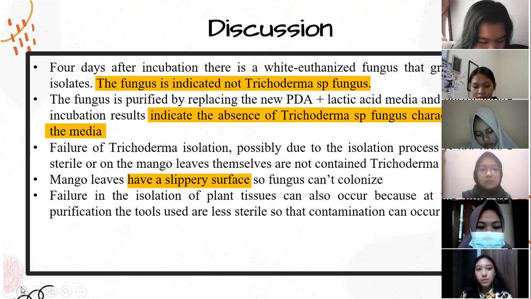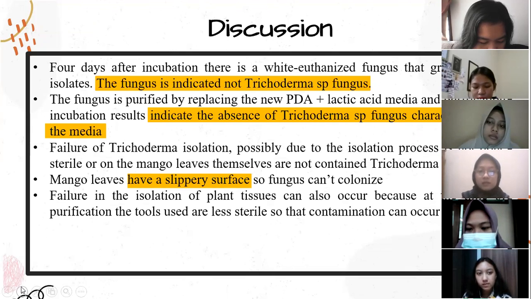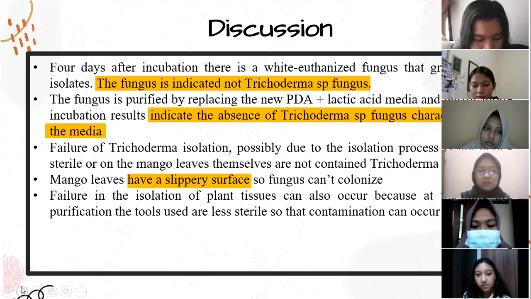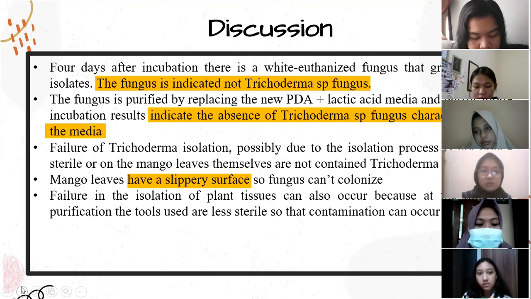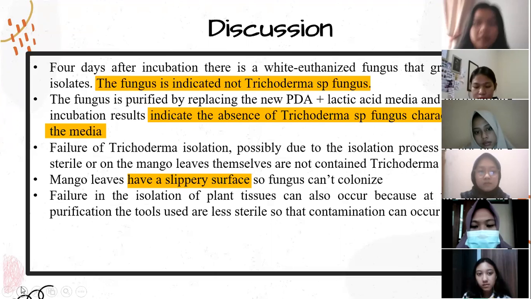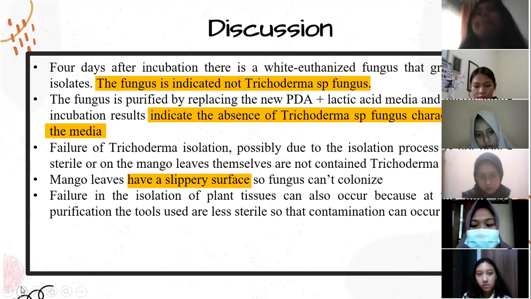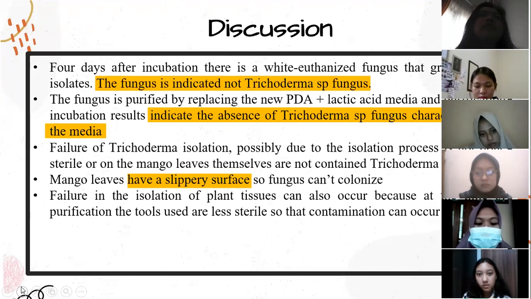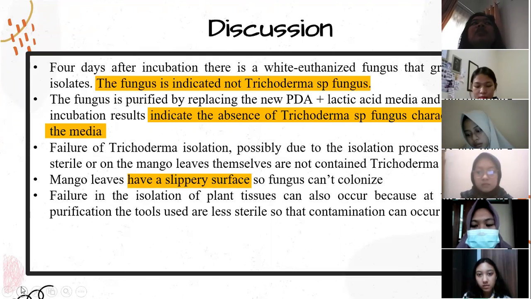The fungus was purified by transferring to new PDA plus lactic acid media, and the purification incubation results indicate the absence of Trichoderma sp characteristics on the media. The failure of Trichoderma isolation is possibly due to the isolation process not being done sterilely, or the mango leaves themselves do not contain Trichoderma sp fungus.